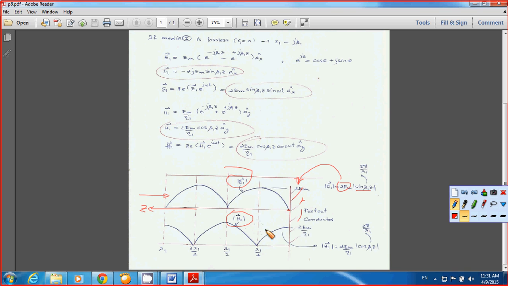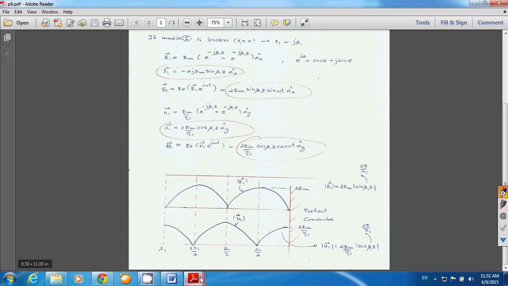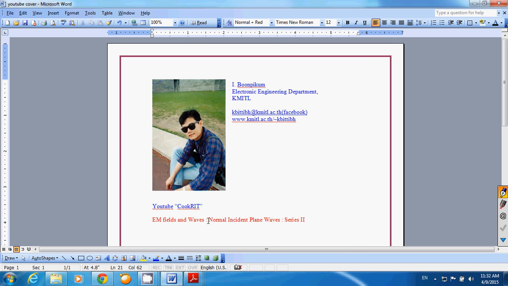And for magnetic field, corresponds to this equation. You have the amplitude to be 2EM over eta 1 with the function cosine beta 1 z, so it starts from 1 here. Okay, so this is all about the normal incidence of the plane waves.